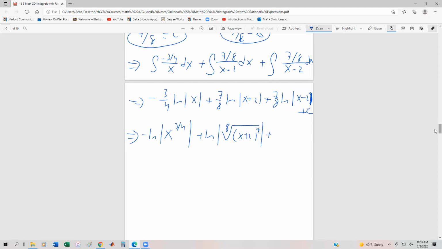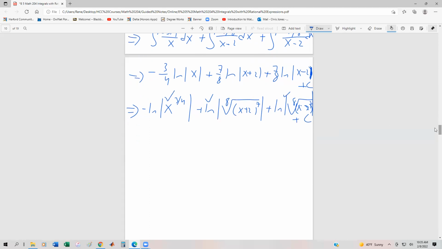And then similarly, ln absolute 8th root x minus 2 to the 7th power, and then plus c. There is another absolute value in here. Positive in the numerator, positive in the numerator, negative in the denominator.